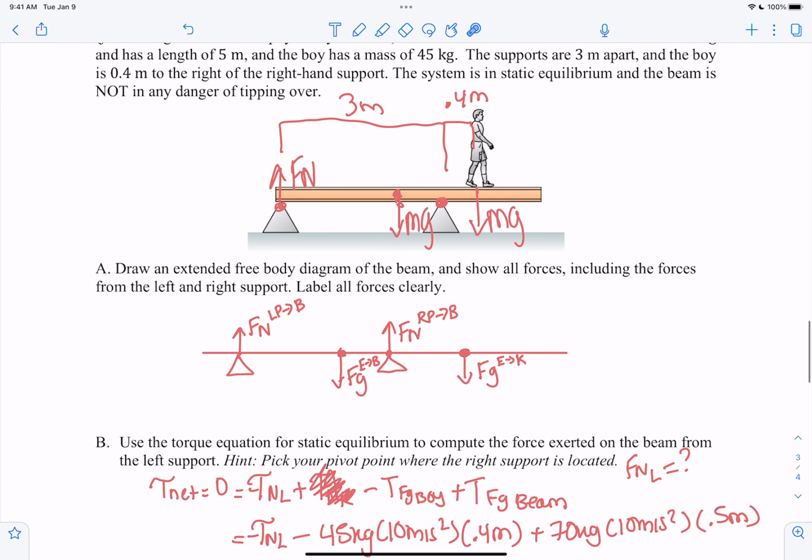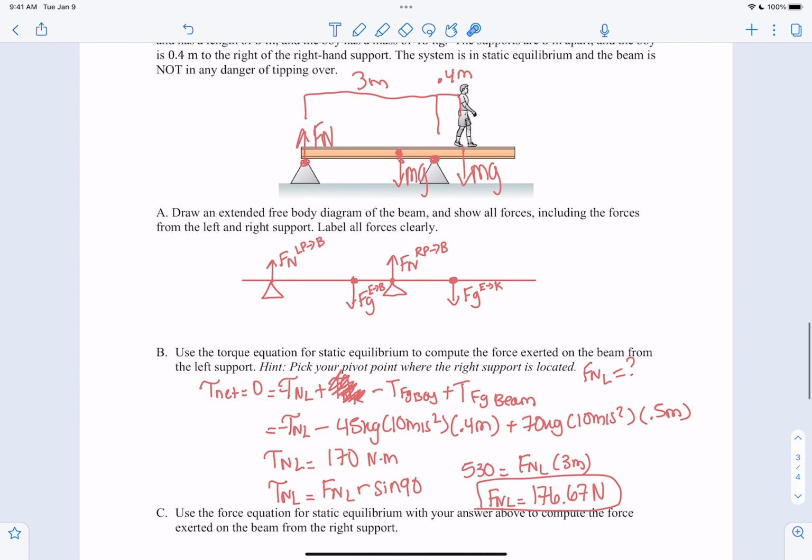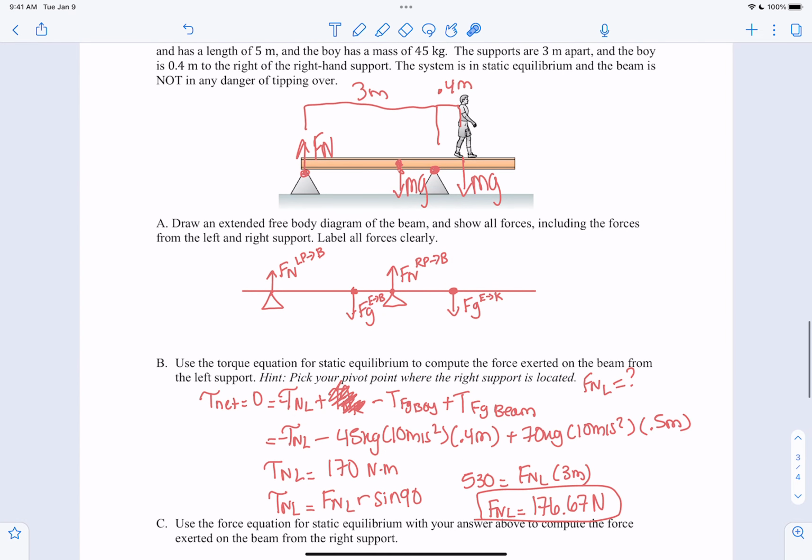Wait. No, that's counterclockwise. I'm sorry. That's counterclockwise, so that should be positive. Jeez. Okay. Yeah, so clockwise for the buoy, counterclockwise for the beam. I'm just making sure. I'm going to go over this one more time.